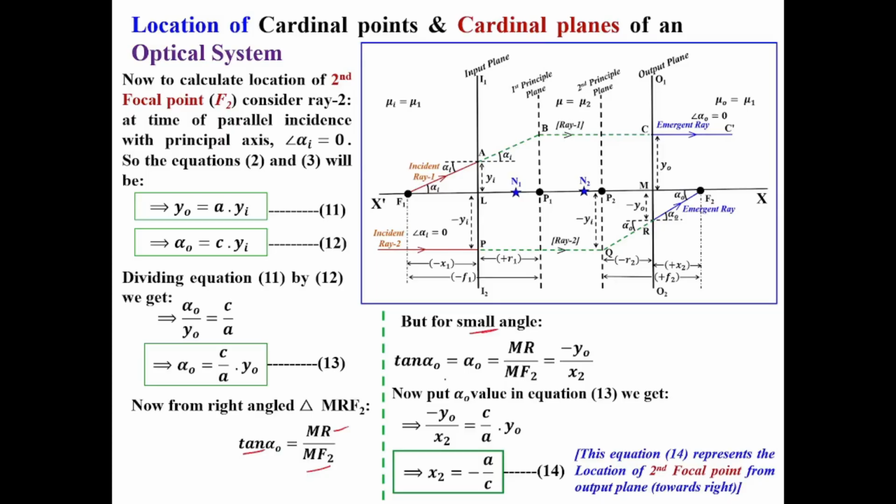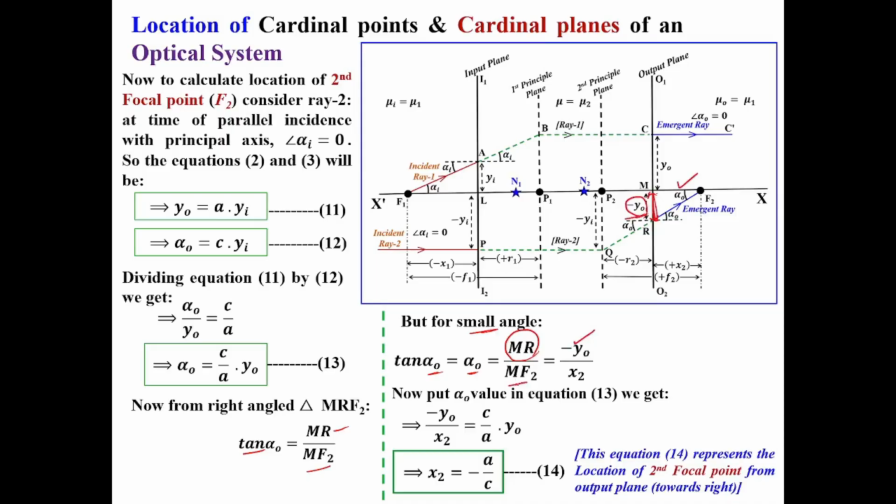For small angle, tan alpha equals alpha. Here MR is taken as minus Yo, this height. This height is your Yo, but minus Yo, because here we are considering the length below the principal axis. So according to sign convention, it will be negative.